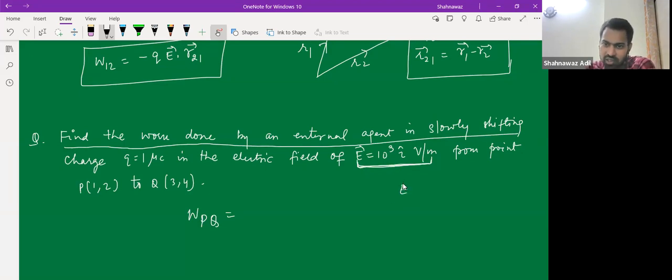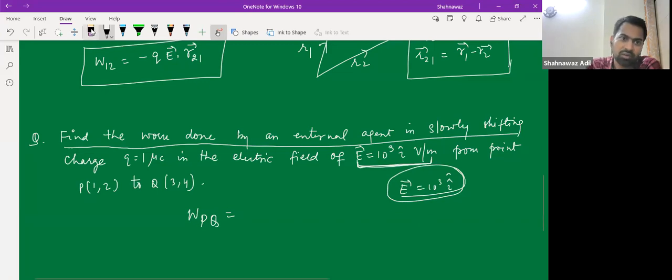We have this electric field, which is 10 cube i hat. Is this uniform or varying?